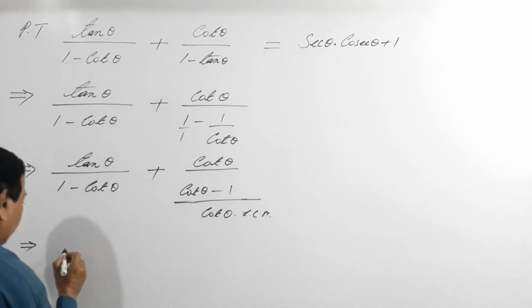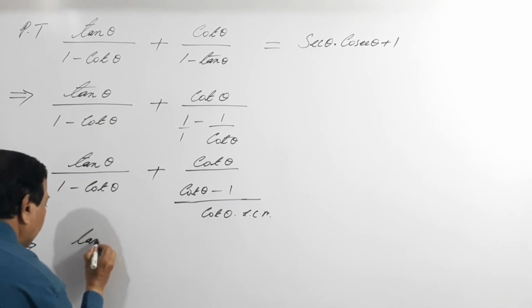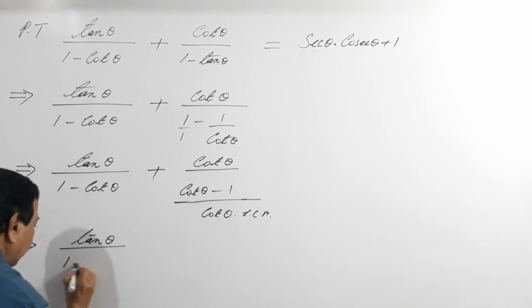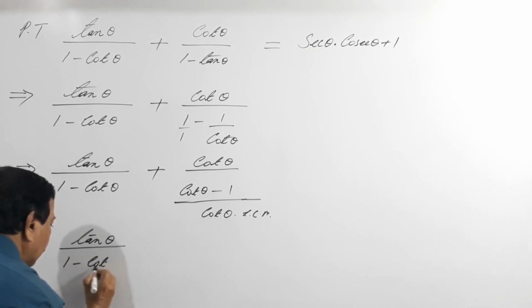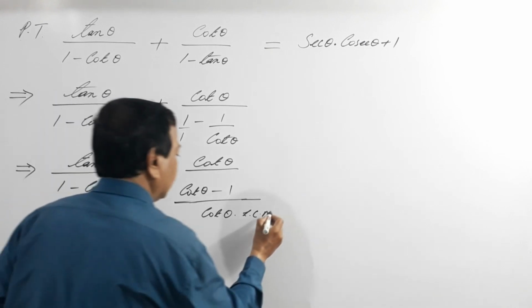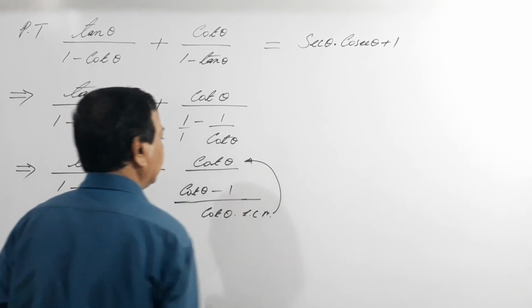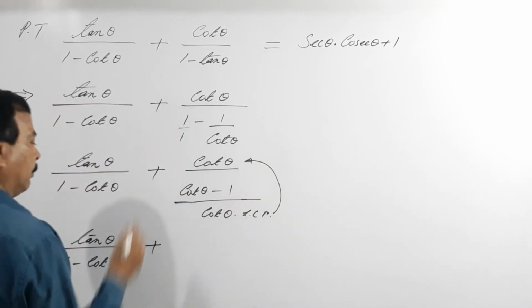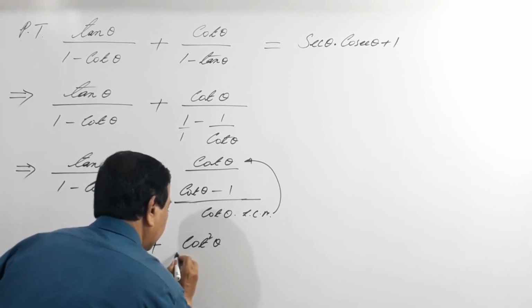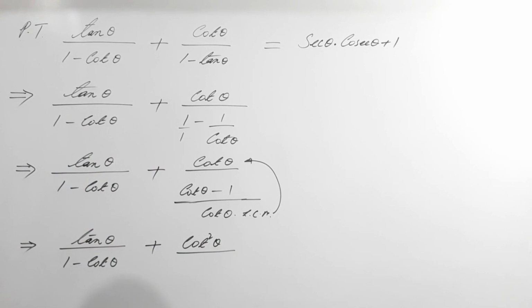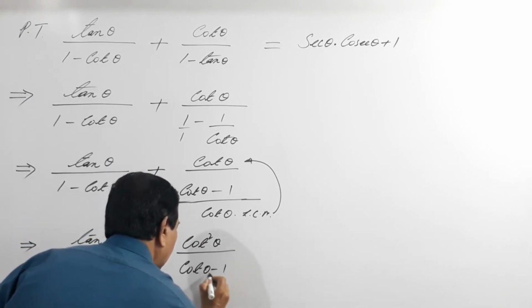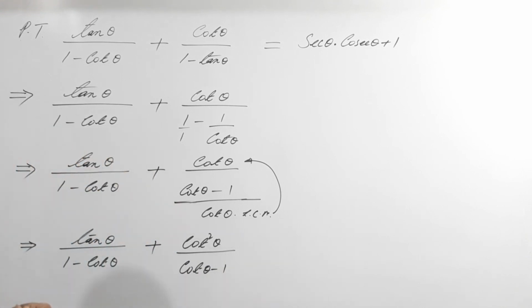So this becomes tan theta divided by 1 minus cot theta plus cot square theta divided by cot theta minus 1. Got it?